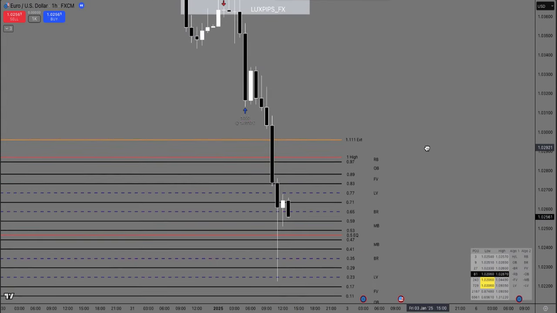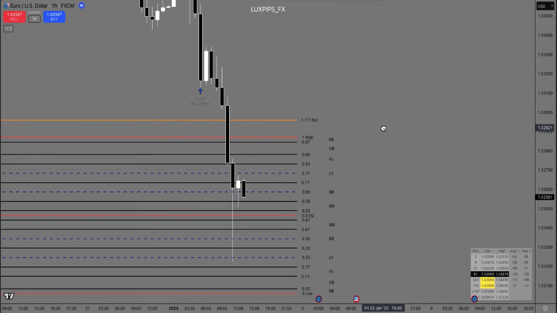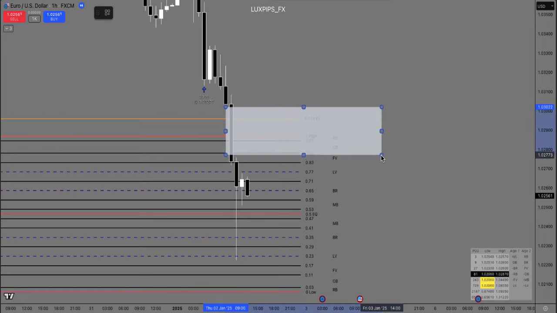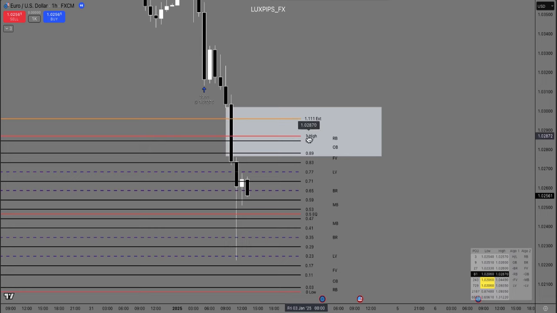Okay, came into a new dealing range, crashed through, went through the FV level, went through the LV. So let's see if any sequences come into play. There's a nice large CB here, so keep in mind it will be a very nice draw on liquidity. So this high can be used also, or even the extension.